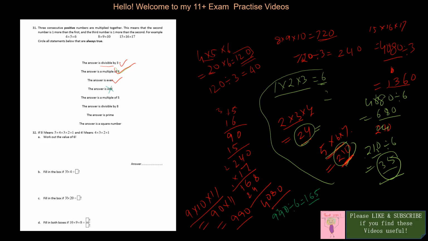Is it always a multiple of 5? No, it's not, because 1 times 2 times 3 is 6, which is not a multiple of 5.